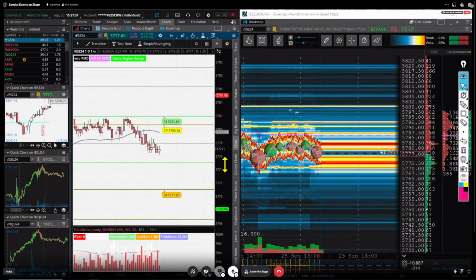So when I started learning how to trade futures, that's when I took the cold plunge into Bookmap, because I needed a DOM that worked on futures. And they had this beautiful order book that was so easy to read. So I ended up jumping into that.